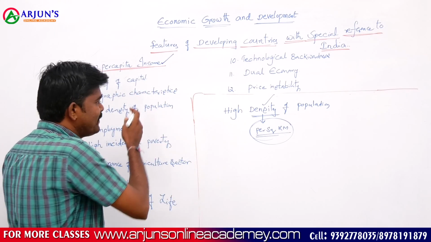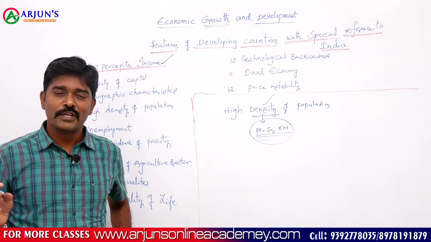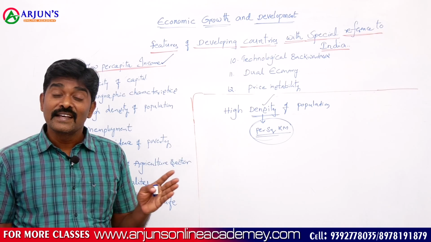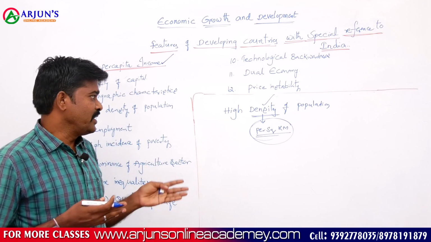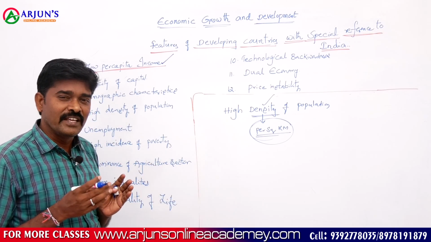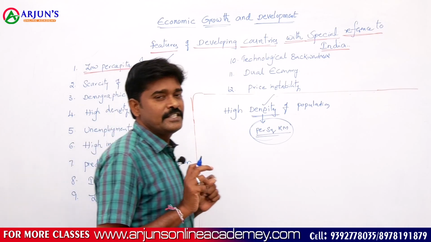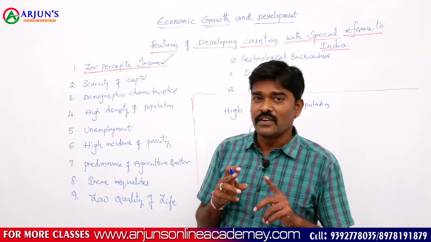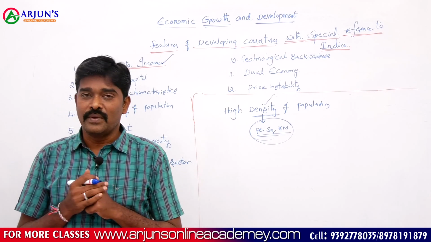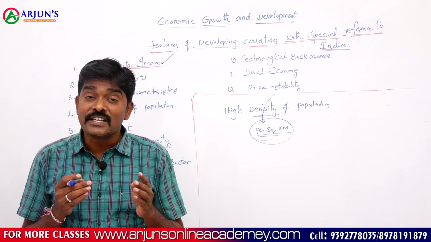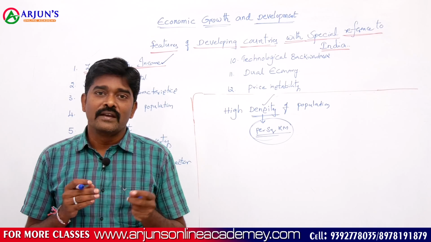So the size of the population is very high, and there is no scope for increasing the size of the land, the natural resources, that is land. That means the density of population is very high. Whenever there is a high density of population, it is very difficult to provide the basic minimum amenities to the people due to lack of sufficient funds in the government economy.